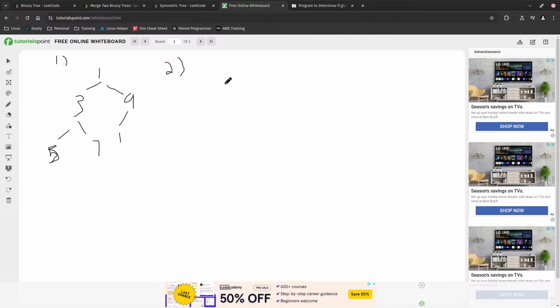We have 4, 3, 8, 1, 3, 2. Then we need to find a way to traverse both trees simultaneously, but I can't think of a way.